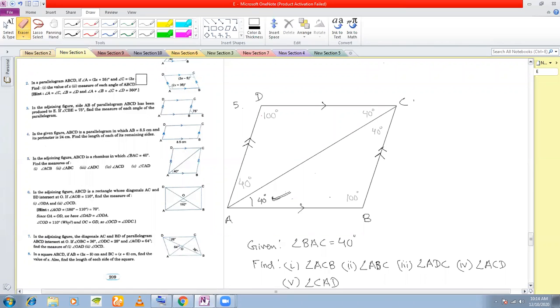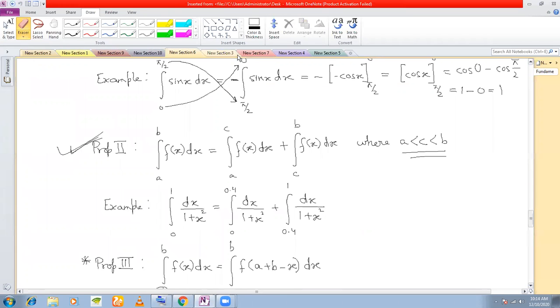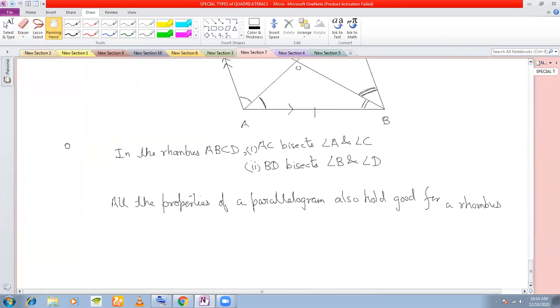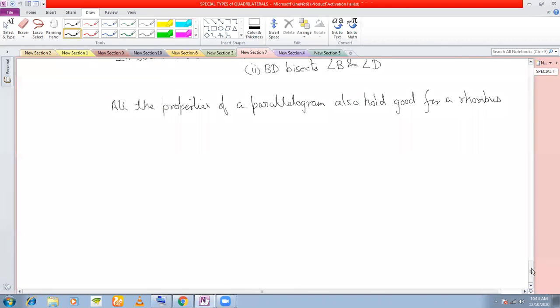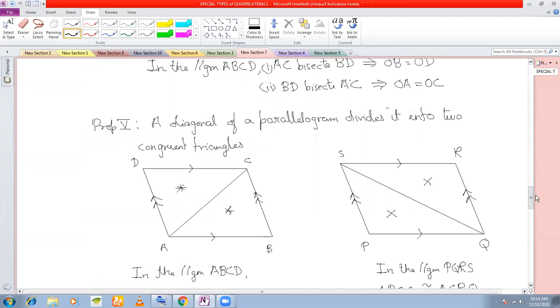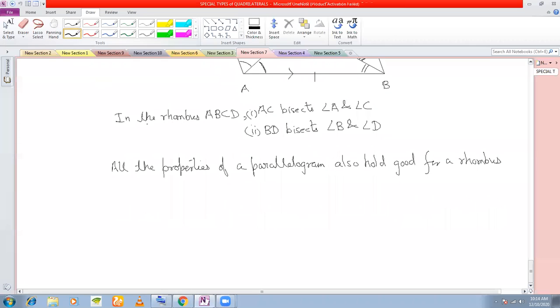I think the next figure is rectangles. In rectangles, first of all, we define what is a rectangle.